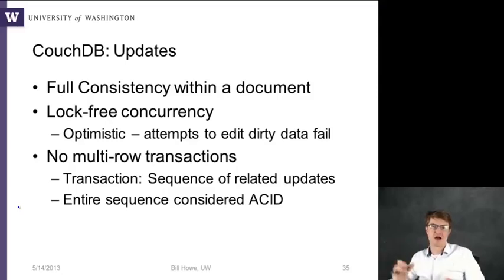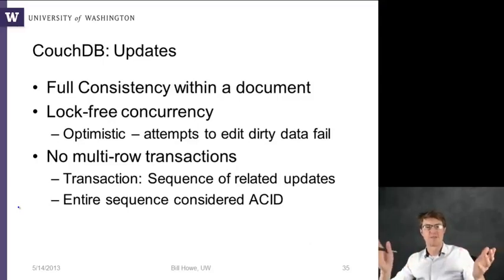If I check out that document and try to make updates to it anywhere throughout it, and then try to commit that change, and someone else has committed their own changes in the meantime, my changes will fail. But we assume that doesn't happen that often, so it's okay to just fail in those cases. And really all you have to do in that case is check out the new changes and make whatever changes you want.